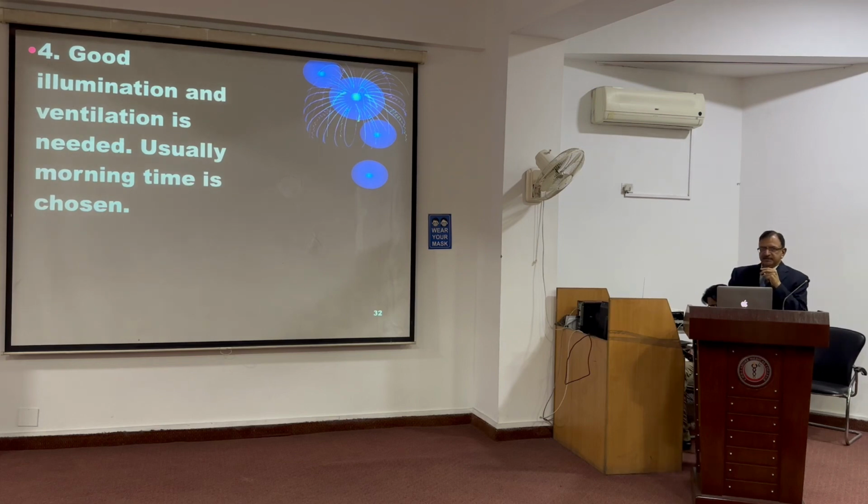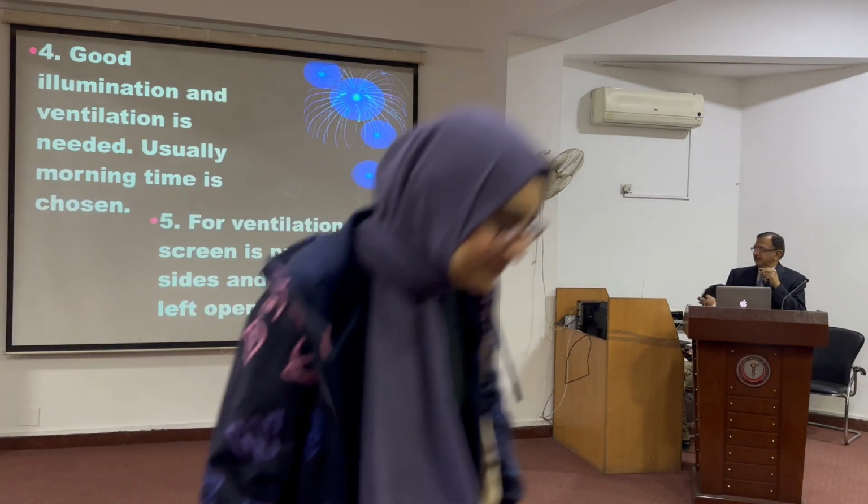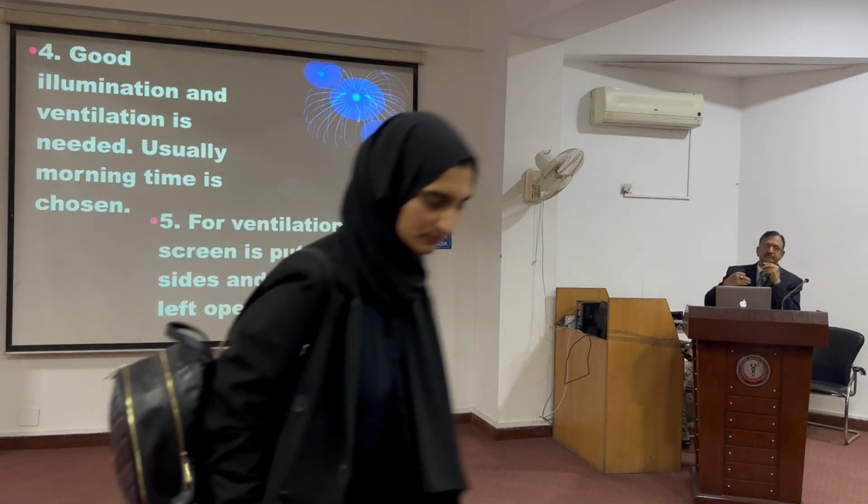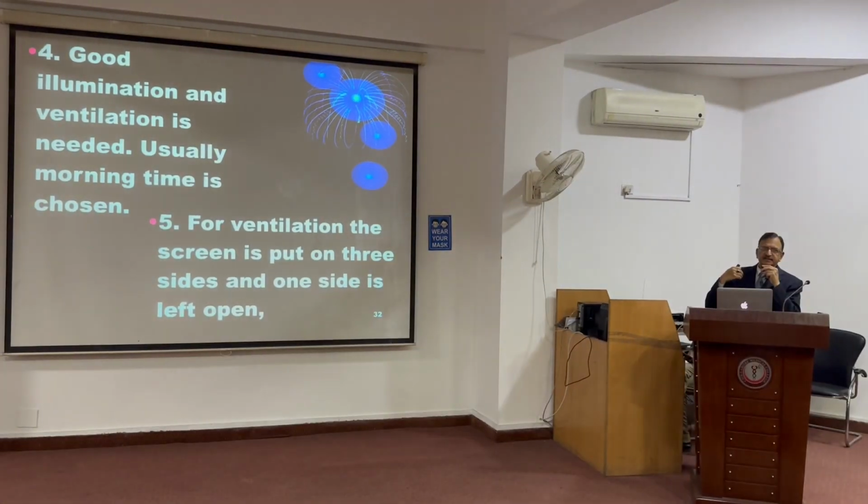Then ventilation and illumination, it should be done in the brightest part of the day, and usually it is in the daytime, started in the morning, so that you can finish your work before the evening. And for ventilation, usually it is recommended that the three sides of the grave are covered with the screens, and the one side is left open towards the windward, towards the direction of the wind.